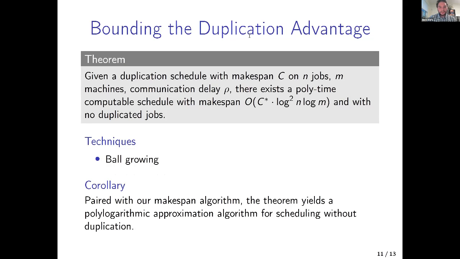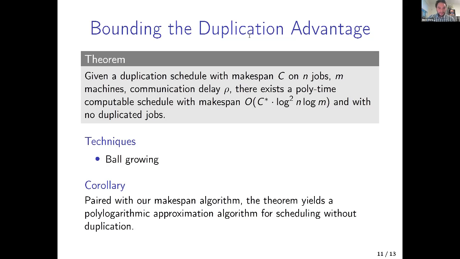Finally, our third result quantifies the benefits that duplication affords. We show that for any schedule that uses duplication, we can convert it into a schedule on the same instance that does not use duplication, and we incur only a log² and log m factor increase in the makespan.